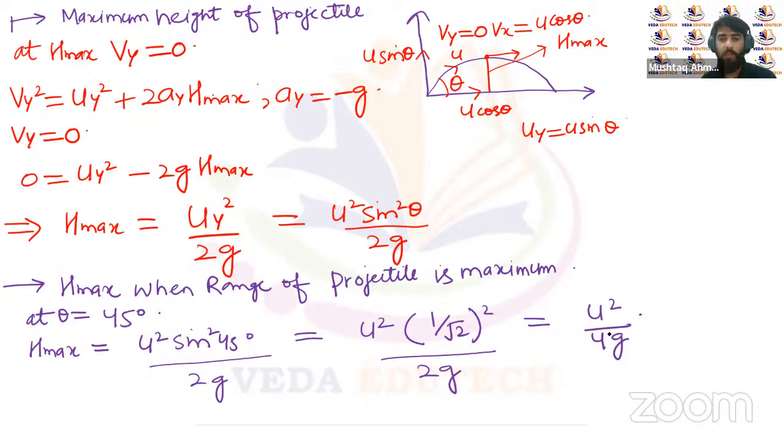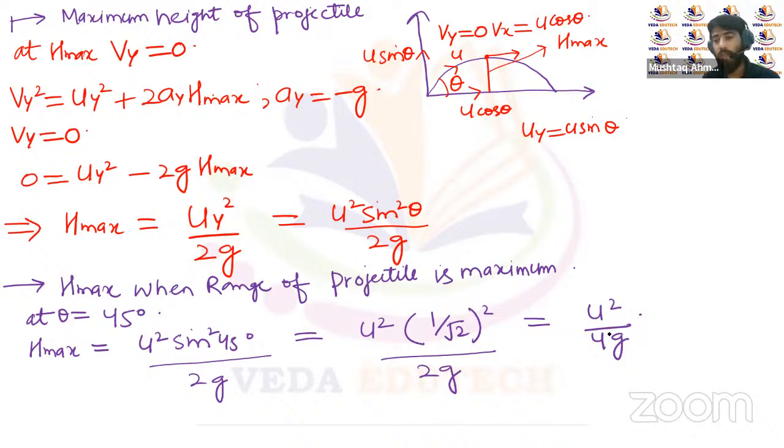Another important point is that we're assuming that the height of this projectile is very small. If the height of the projectile is not small, then the value of the acceleration due to gravity is going to change, and we cannot use the equations of motion because the acceleration will not be constant, and the solution for that projectile is going to be altogether different.